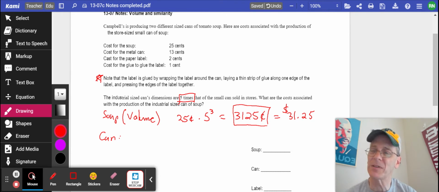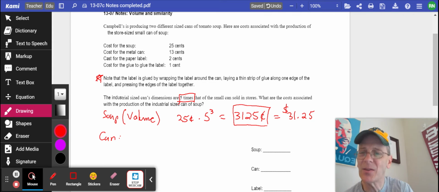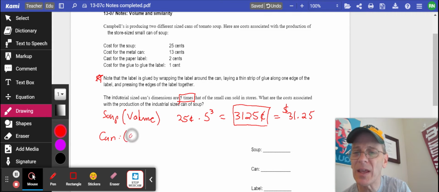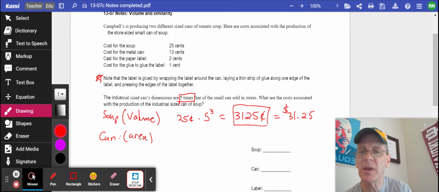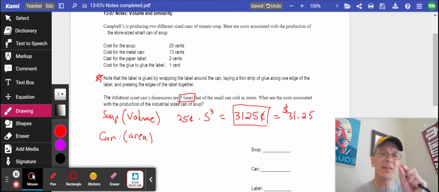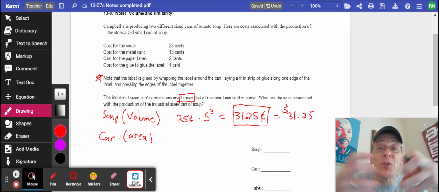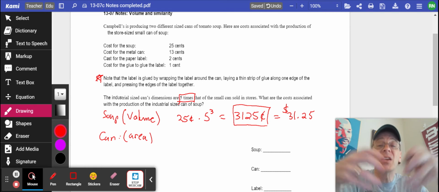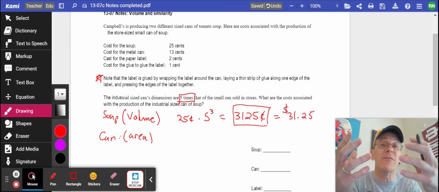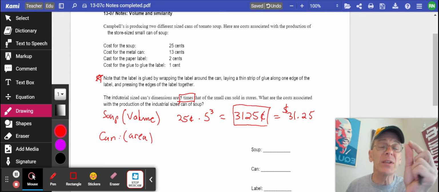It may not be as obvious as the soup, but the can really should be thought of as an area. The metal being used to make the can doesn't fill the interior of the can. The interior of the can is filled by the volume of soup, but the metal is just really around, it's just the surface area of the can, right?